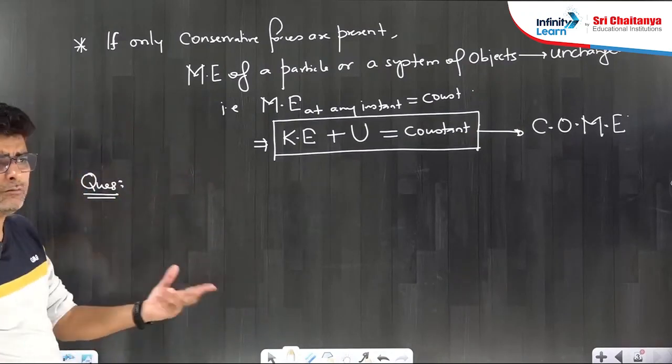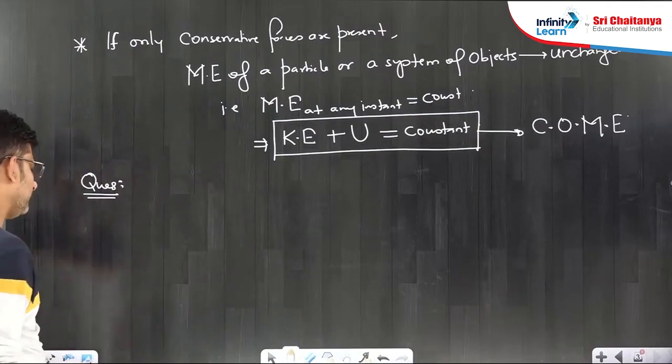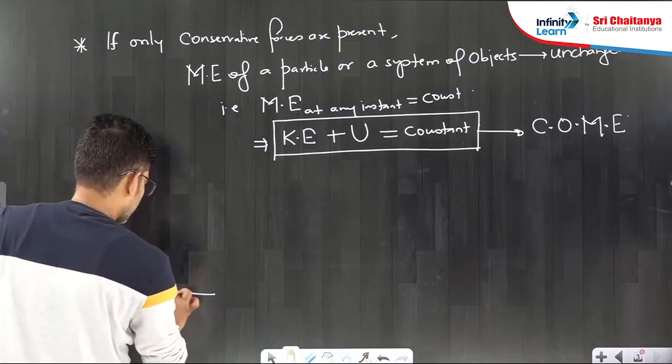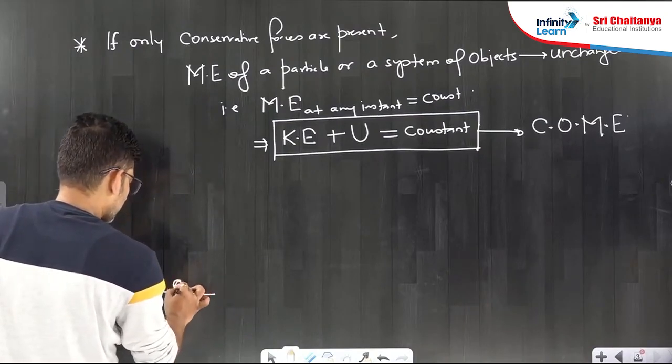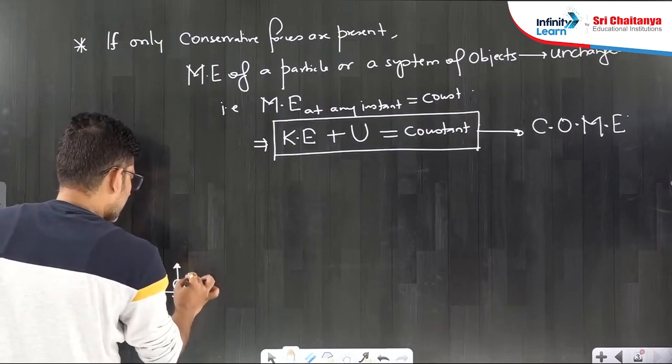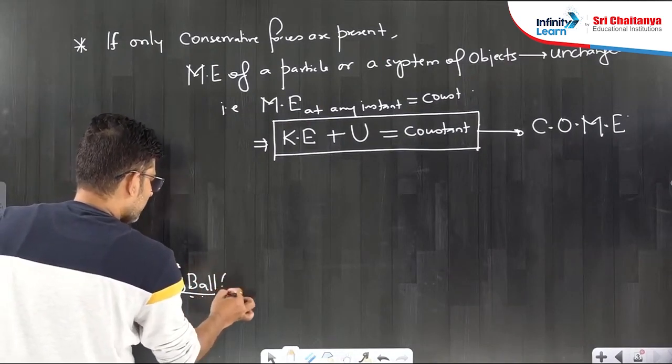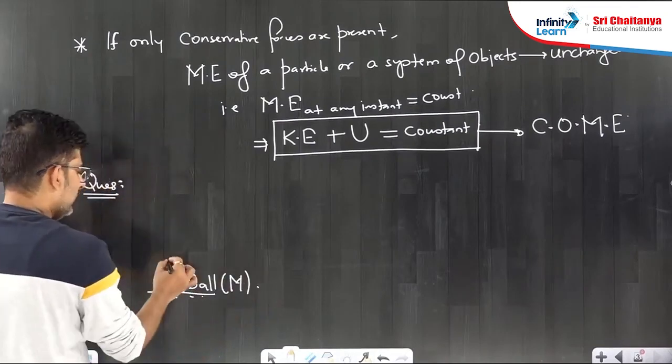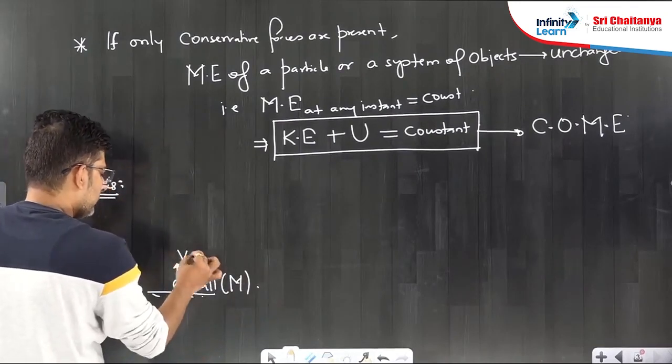We start with a very basic question. There is a ball of mass m. It is thrown up with a speed of v naught.